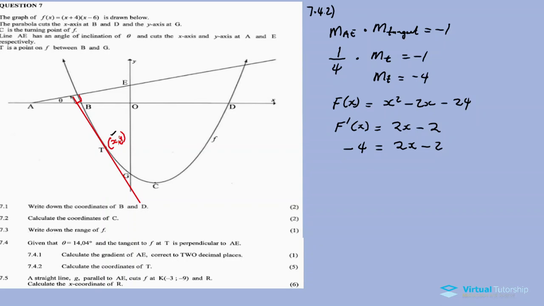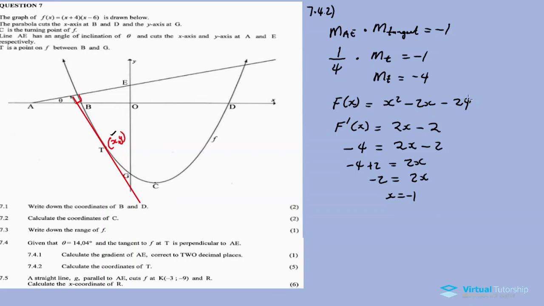If we substitute an x value into this first derivative, we get the gradient; so we use the gradient to calculate x. So it's -4 plus 2 equals 2x, -2 equals 2x. So x is equal to -1.